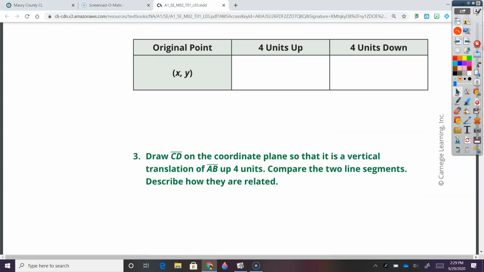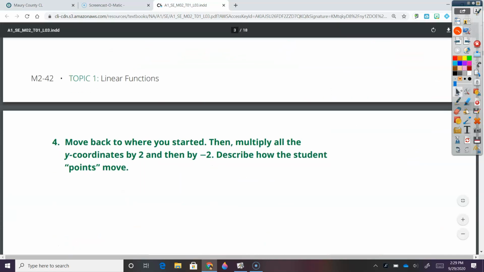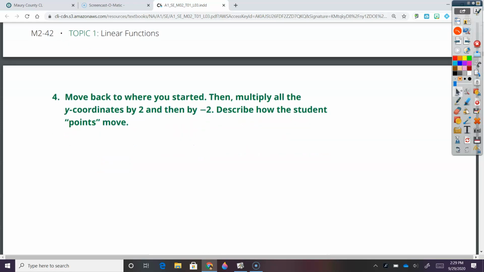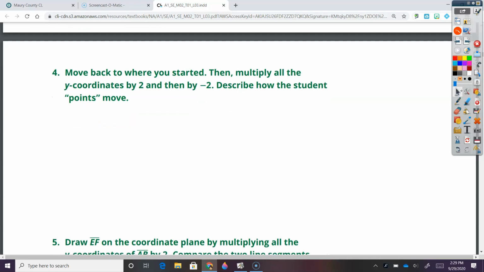Number 4, move back to where you started. Then multiply all the y-coordinates by 2 and then by -2. Describe how the student points move. So remember that coordinate A was (-8, -8) and coordinate B was (8, 8).